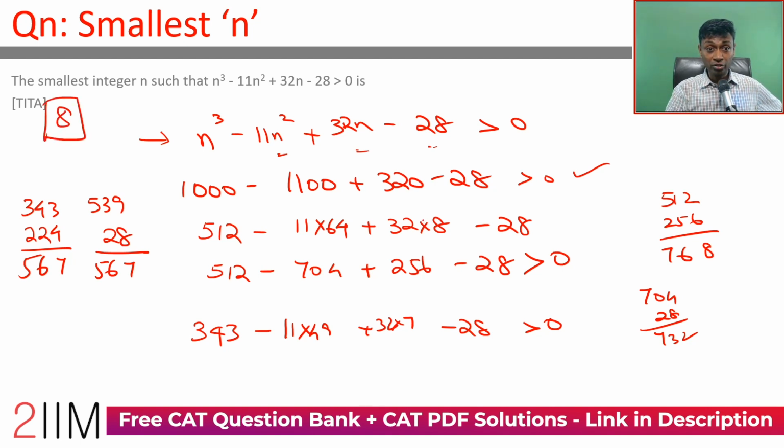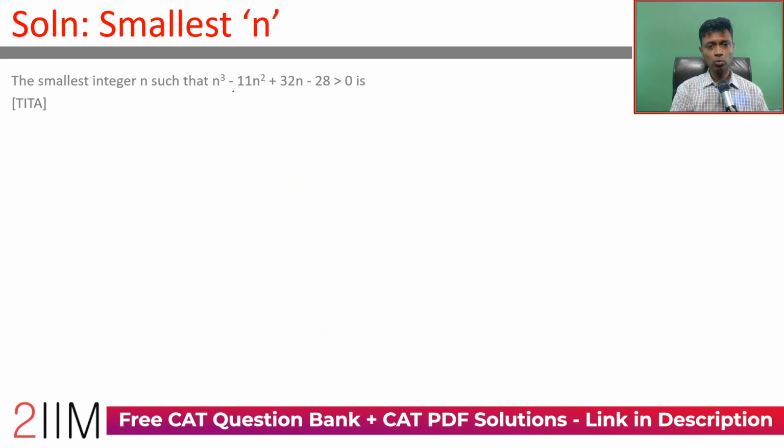The other way of thinking about it is substituting small values and seeing if we can factorize it. So p of x by x minus a, remainder is 0. So we can look to factorize this if we can manage to find a factor. So we have n cube minus 11n square plus 32n minus 28.